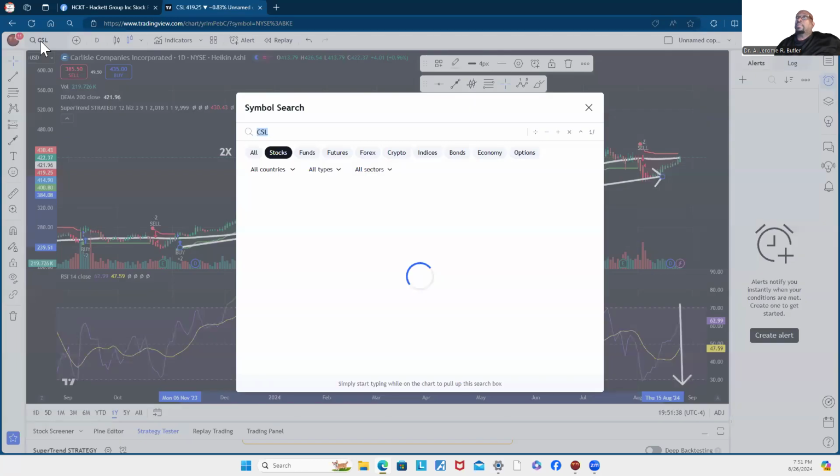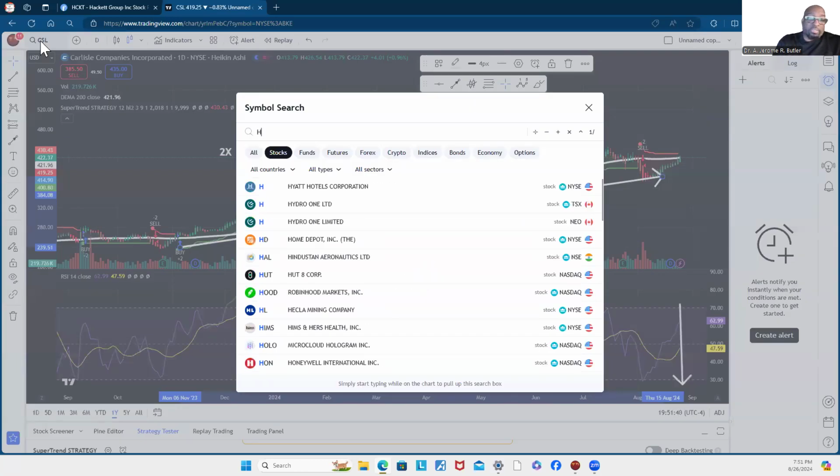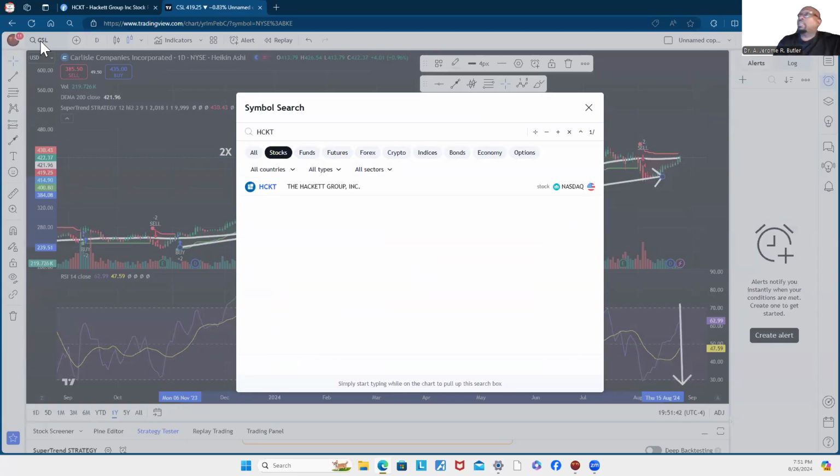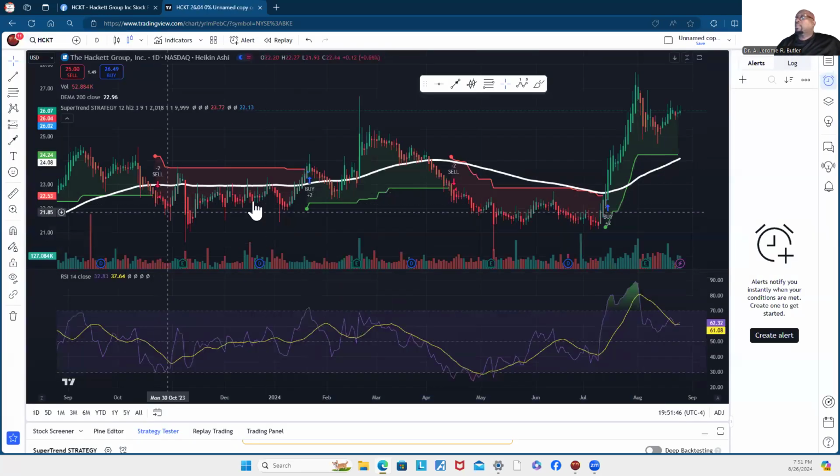HCKT, Hackers Group. Let's take a look at them. Nice stock, under 50. Very affordable stock, as you can see. A lot of volume is underneath that 200-day moving average.